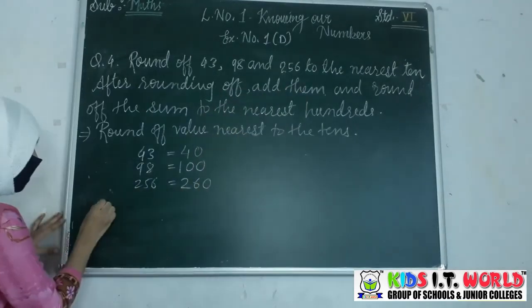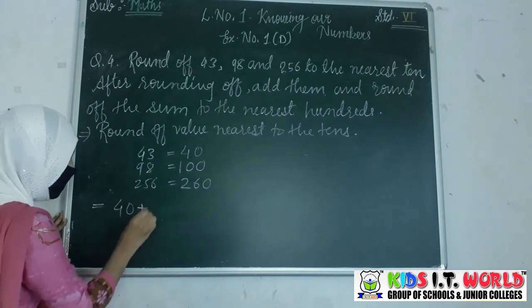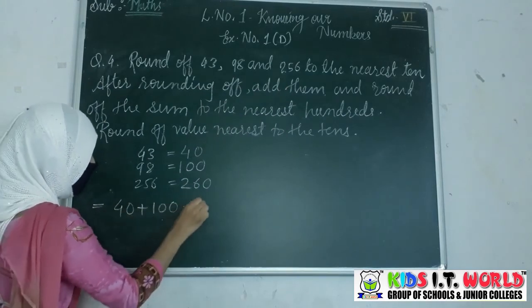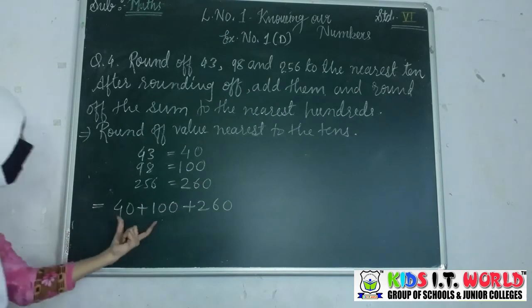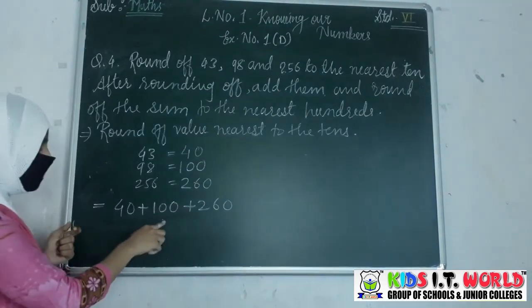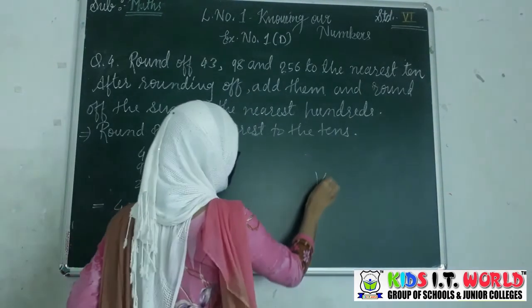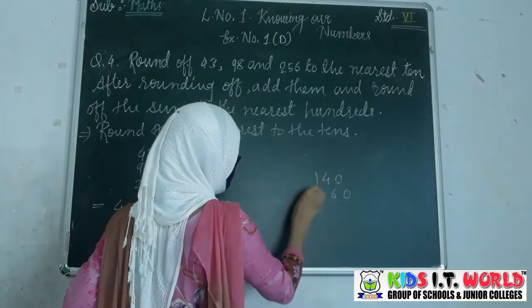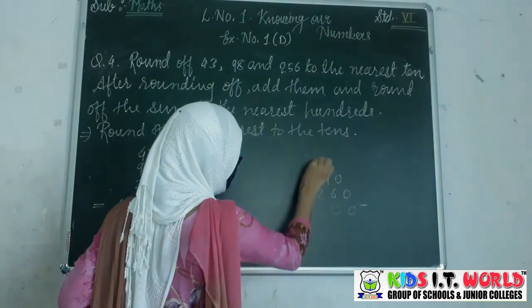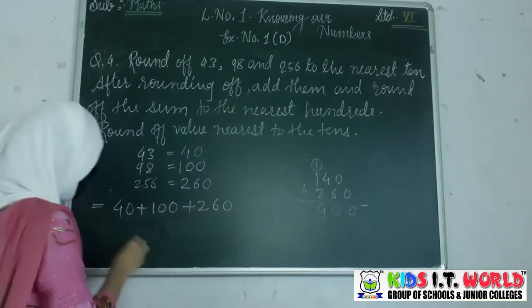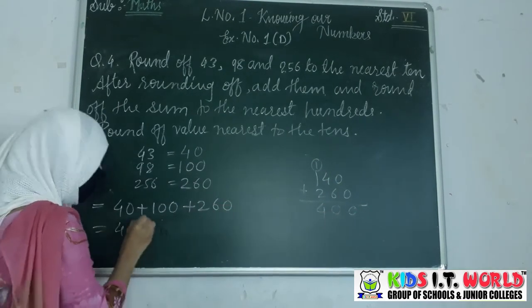So we will add 40 plus 100 plus 260. What answer will we get? 40 plus 100 is 140. So 140 plus 260, 4 plus 6 is 10, and it is 400. So you got the value 400.